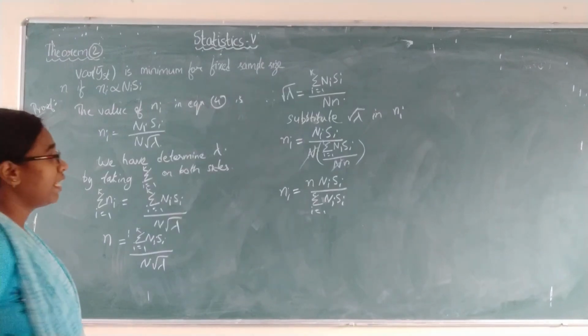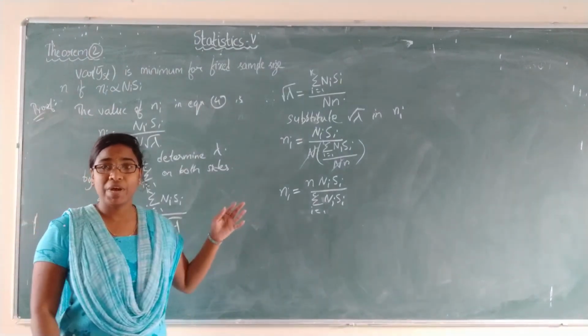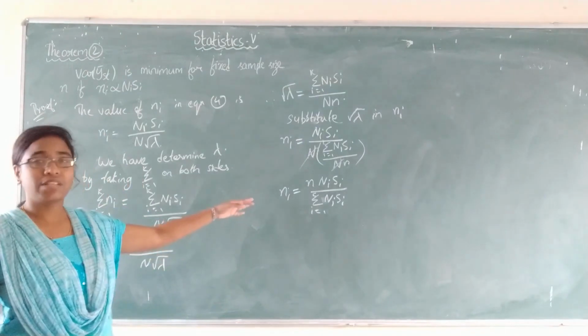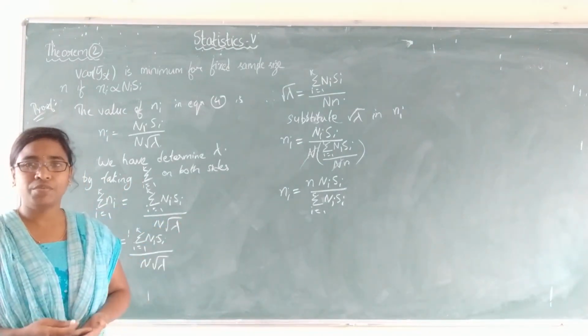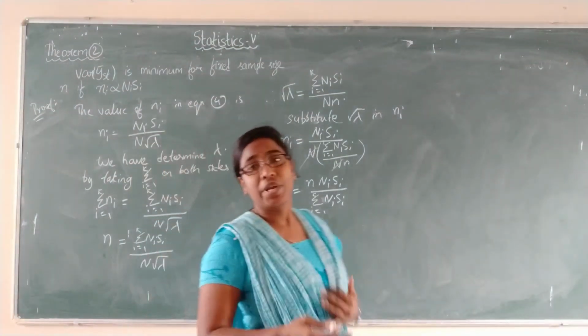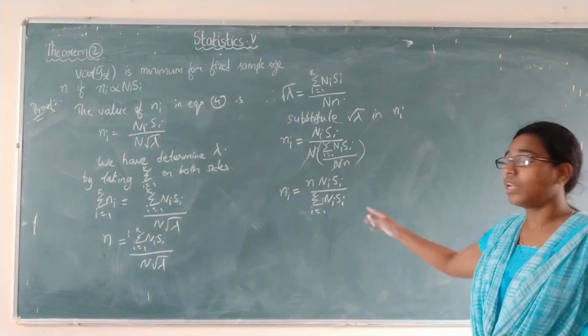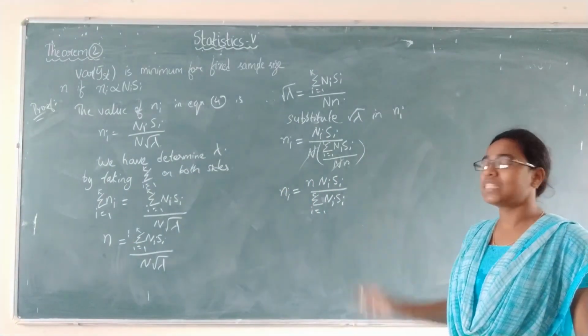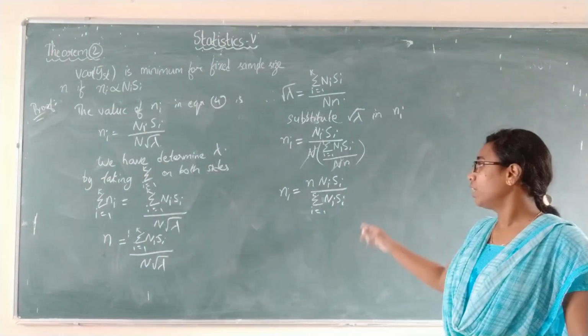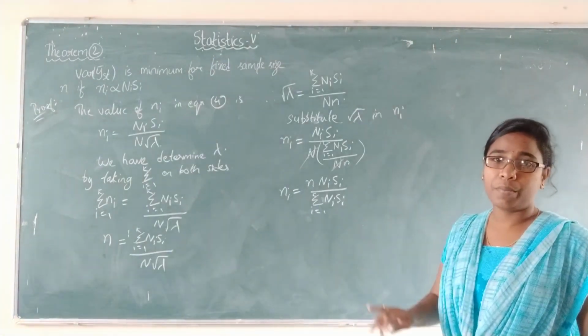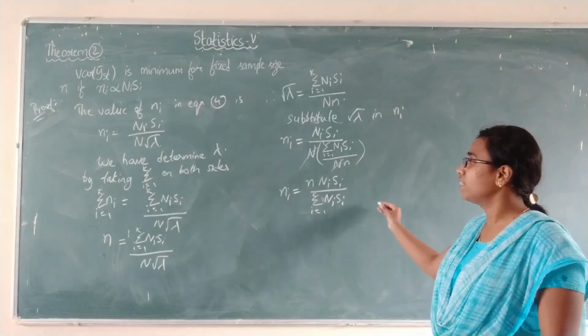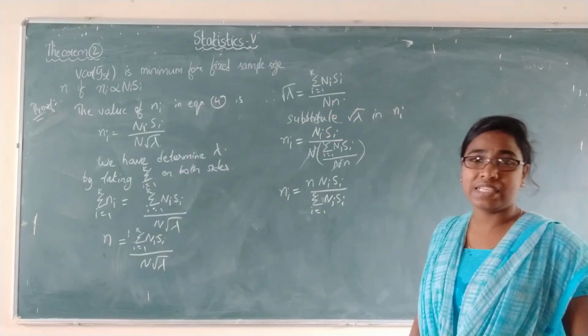So this is the ni value for the optimum allocation in the stratified random sample, which we have to find for getting the precision, that is, for minimizing the variance by using the Neyman allocation. This is the sample size we need to select under the Neyman optimum allocation. First case, that is the fixed sample size ni.